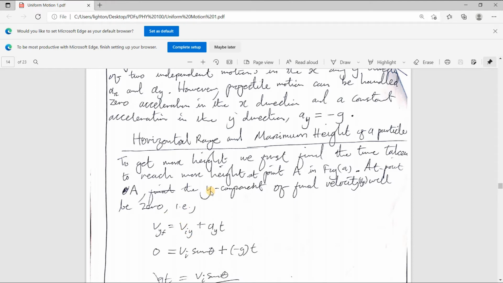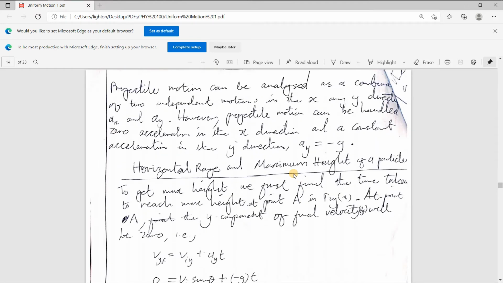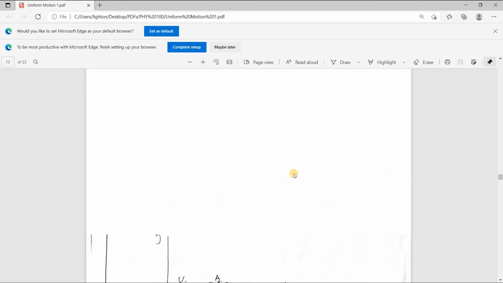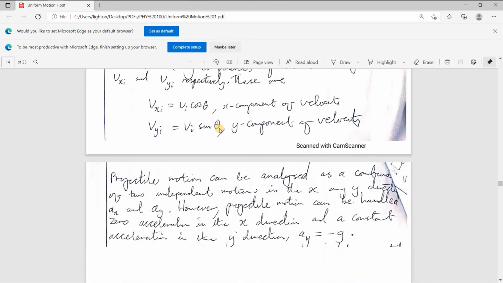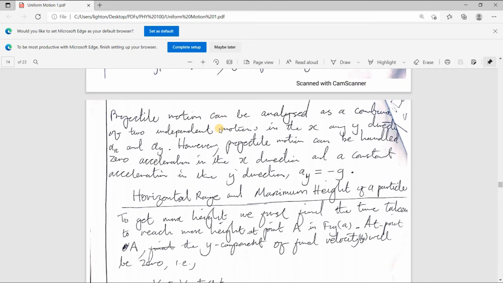Now to get the maximum height, we first find the time taken to reach max height at point A. Of course, point A is just here, in this same diagram, figure A. We must find the time taken to reach this point A. So let's see what we have.